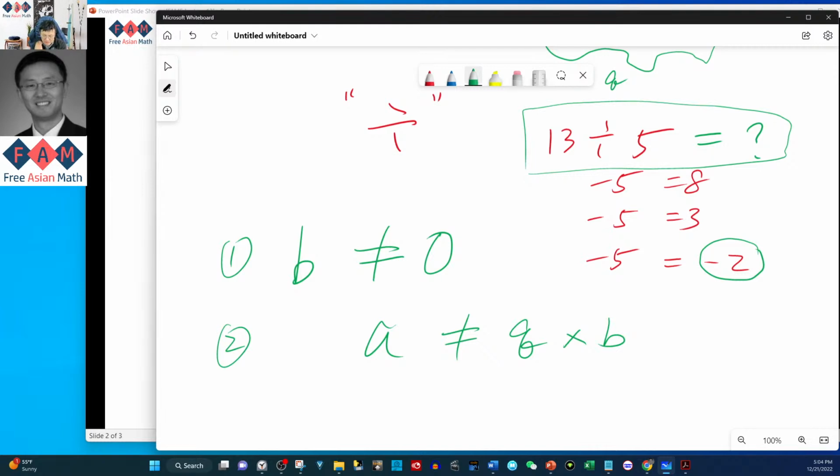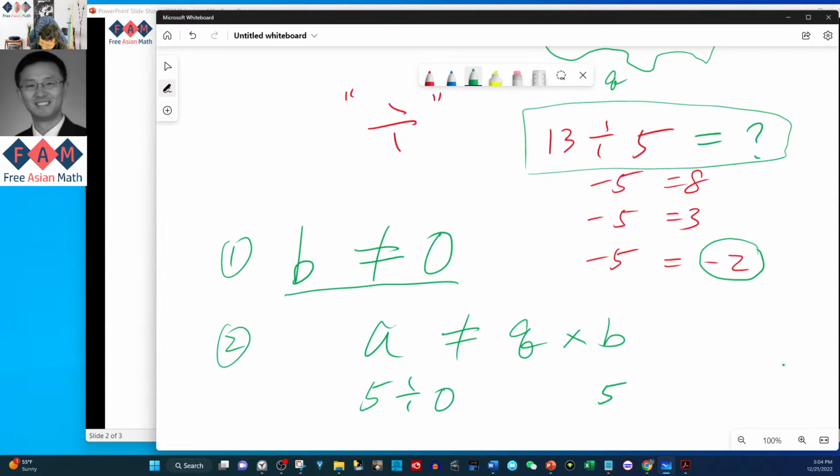Okay, so the first question is quite intuitively understandable. If we have 0, say 5 divided by 0, remember we need to verify whether the dividend is a multiple of the divisor.